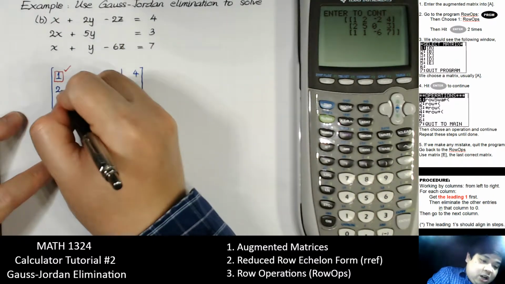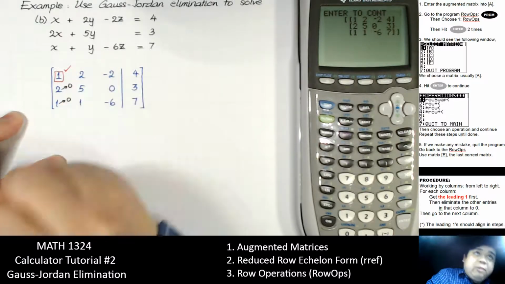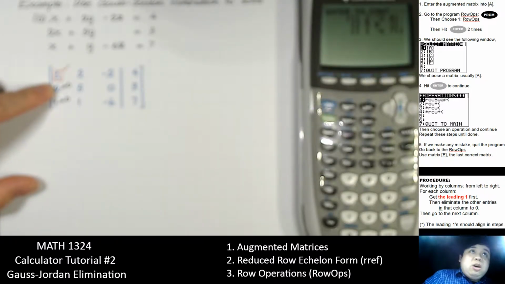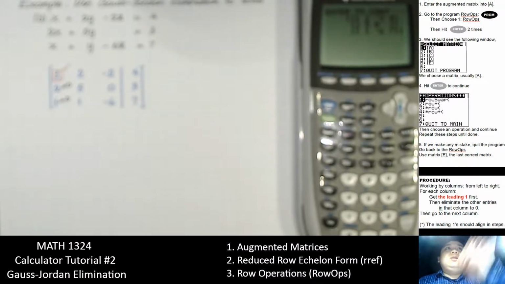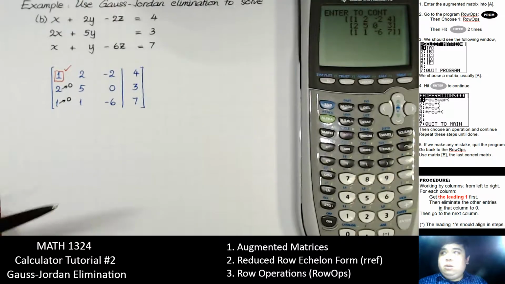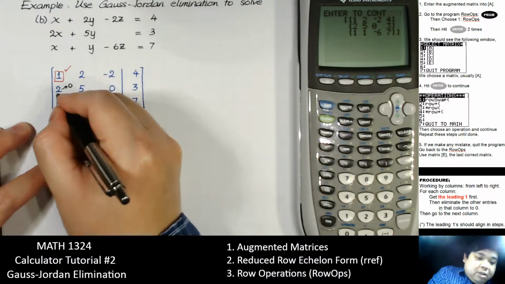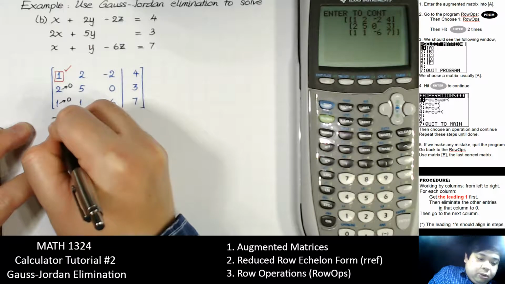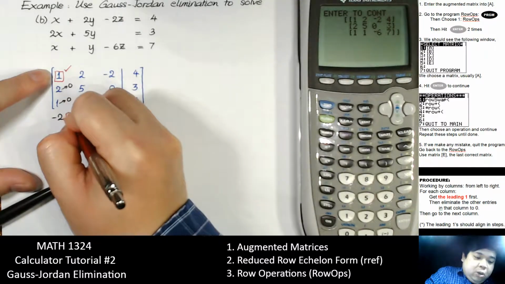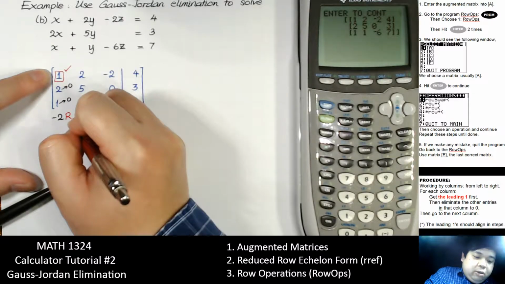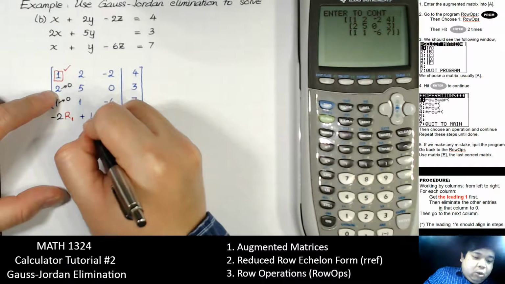Now we just need to turn this 2 to 0, this 1 to 0. When we turn anything to 0 in elimination, we use the opposite. So -2, with the 1 in the first row, the leading one in the first row. Now we eliminate in row 2.